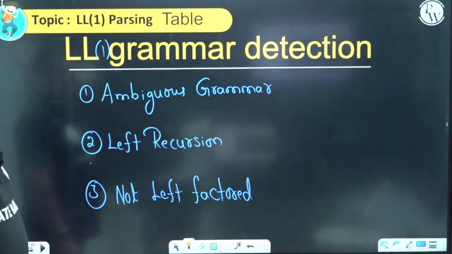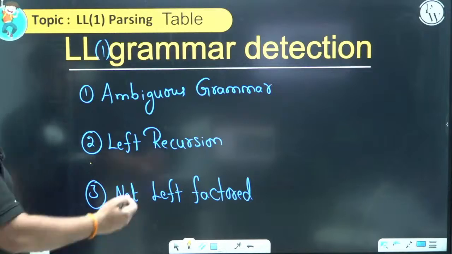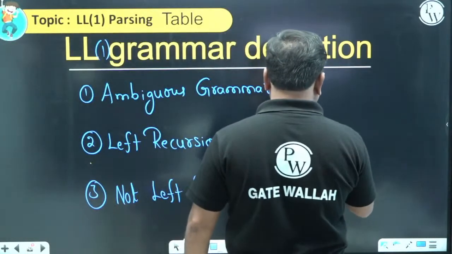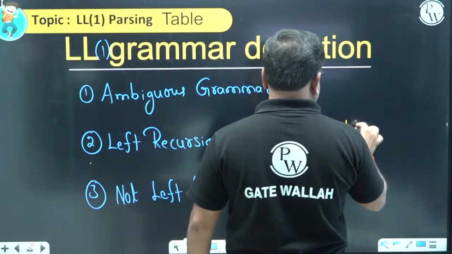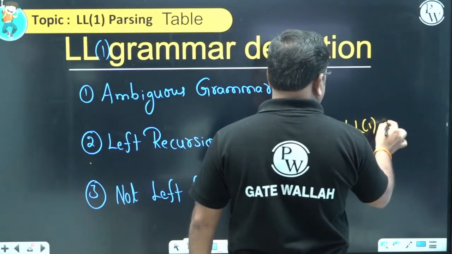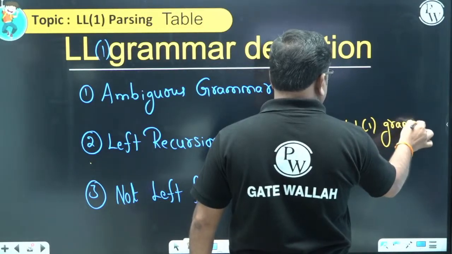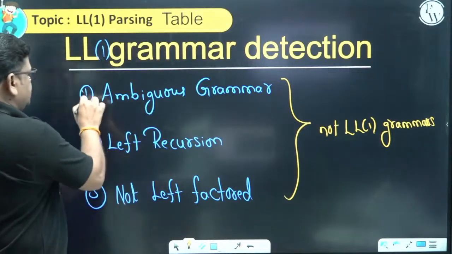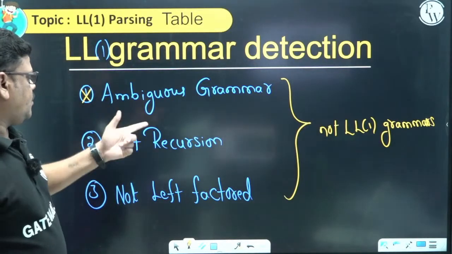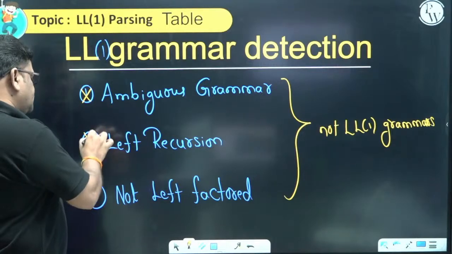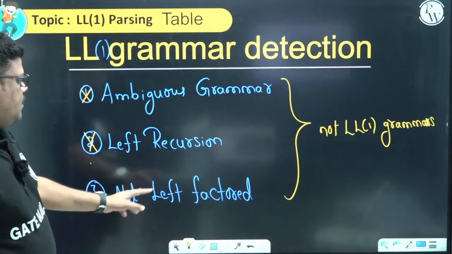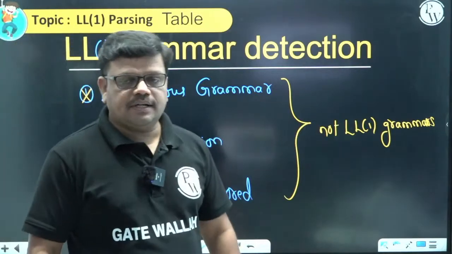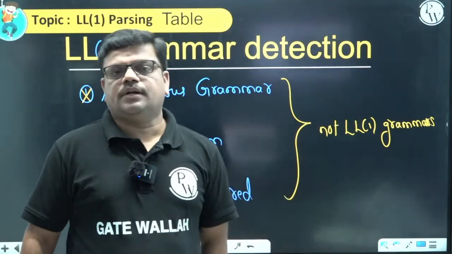For LL1 grammar detection: if a grammar is ambiguous, it is not LL1. Grammar having left recursion is not LL1. Not left factored is not LL1. So all these are some of the grammars which are not LL1 grammars.